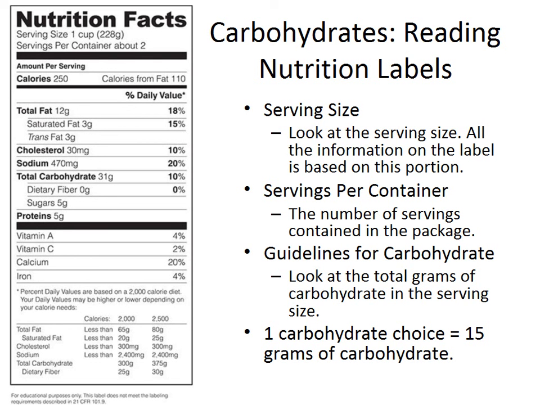And remember, one carbohydrate serving is considered about 15 grams of carbohydrates. So if 1 cup of this food gives you 31 grams of carbs, that's about 2 carbohydrate servings, or 4 in the whole product if you ate both servings.